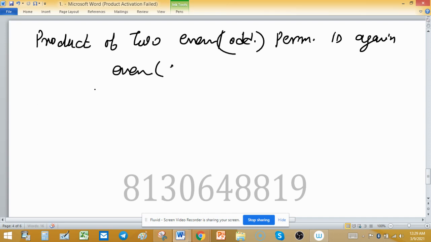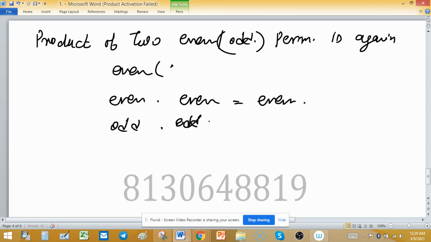The product of even with even gives you even, the product of odd with odd gives you again even, and the product of different types is odd.